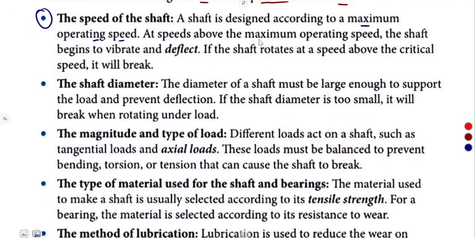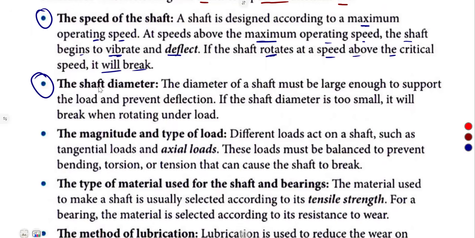At speeds above the maximum operating speed, the shaft begins to vibrate and deflect. So you must check what is the maximum operating speed. If the shaft rotates at a speed above the critical speed, it will break. So the speed is very important to be considered.